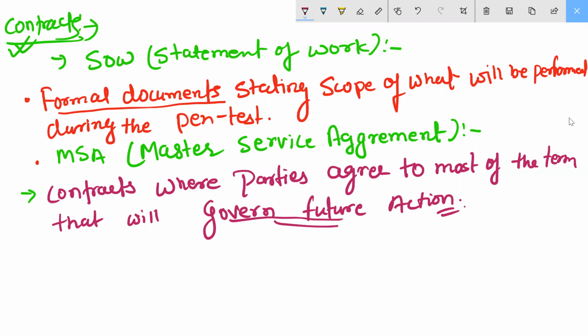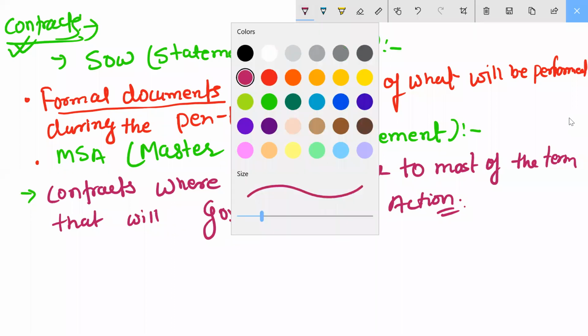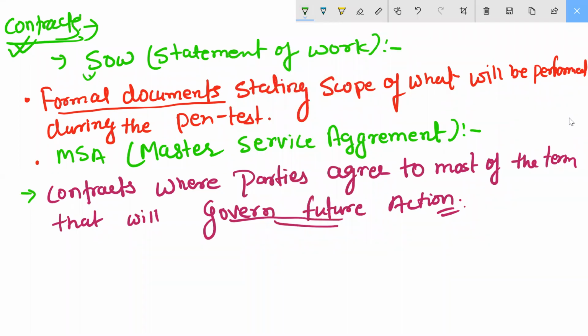Then the third point is coming here. We talked about the SOW, we talked about the MSA.